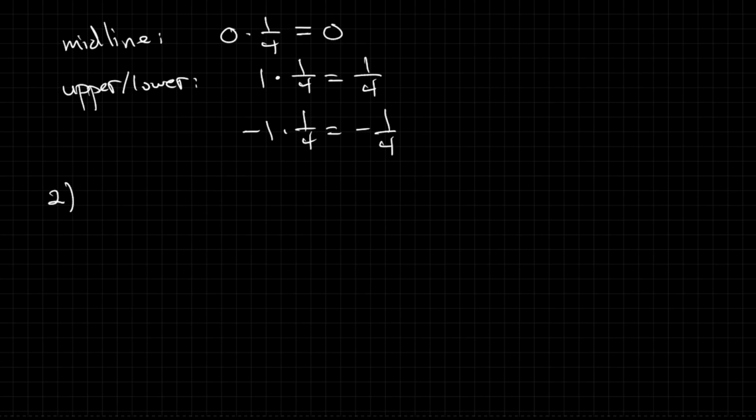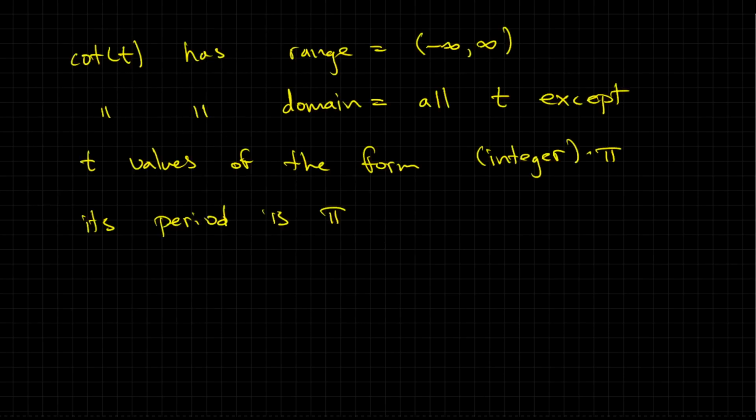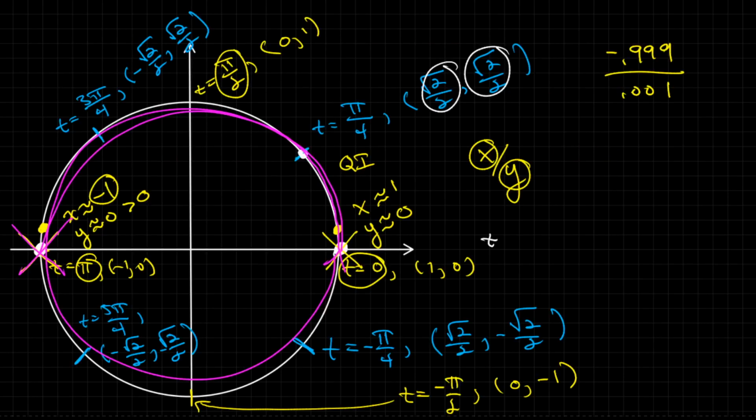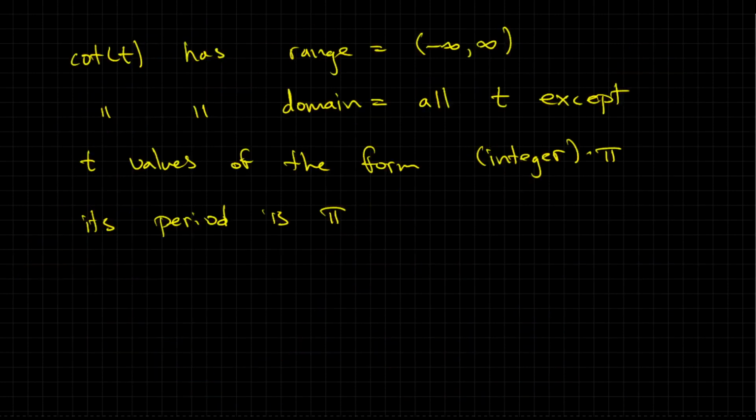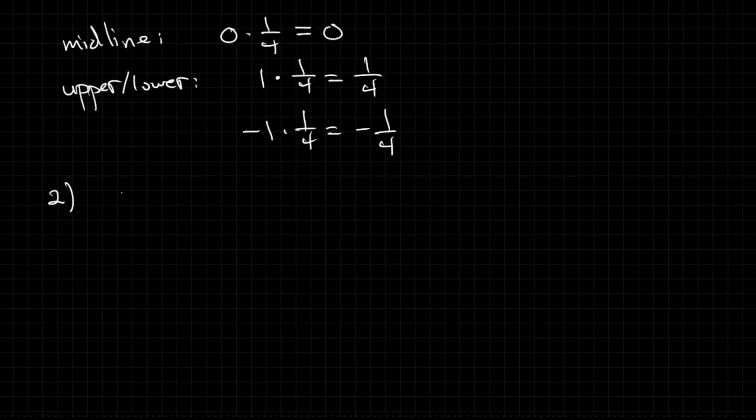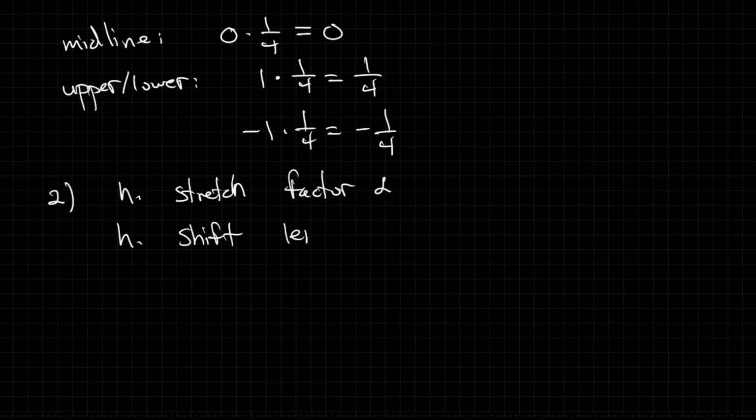So we'll take our two asymptotes. Let's take a look at our graph of our parent function. So our two asymptotes at t equals 0 and t equals pi, and we'll apply those transformations. Let's list them. Horizontal stretch by a factor of 2, and a horizontal shift, which was left by pi over 4.